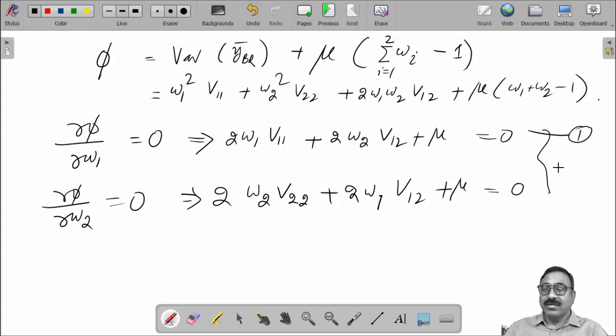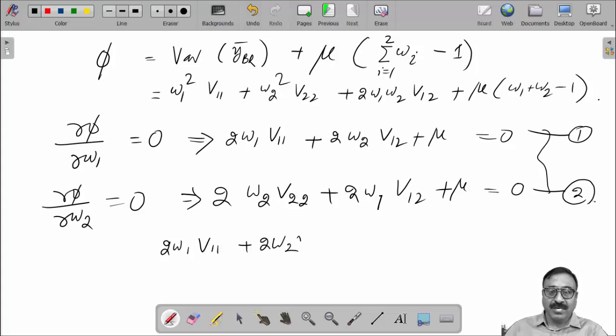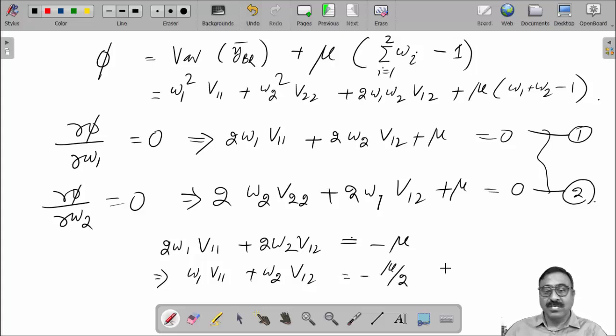Now this is equation 1, this is equation 2. From equation 1 we have 2W1V11 plus 2W2V12 equal to minus mu. That implies W1V11 plus W2V12 equal to minus mu by 2, equal to V, suppose.